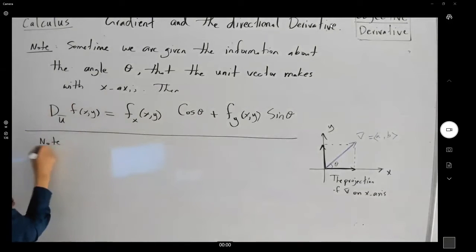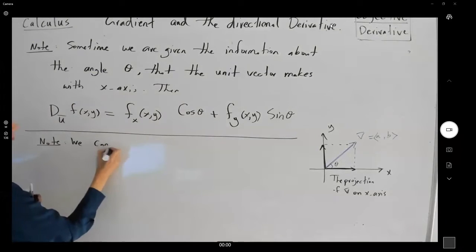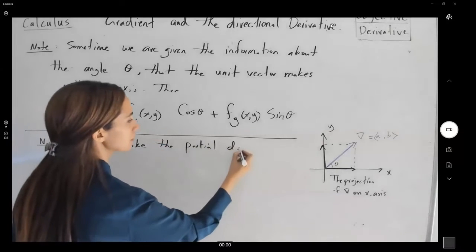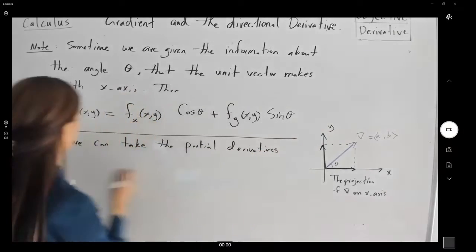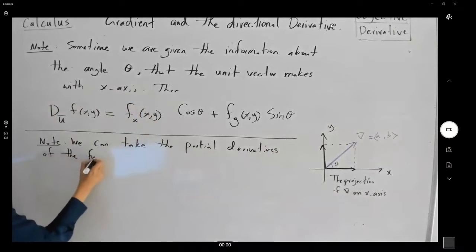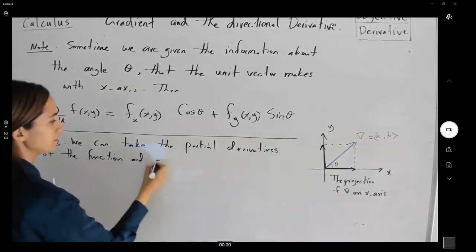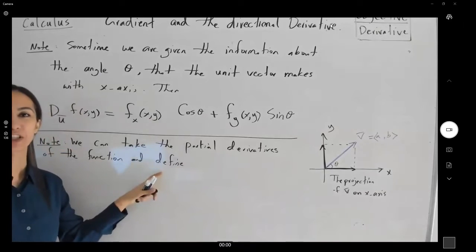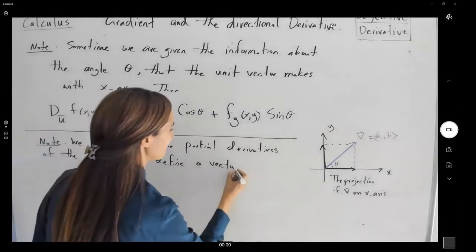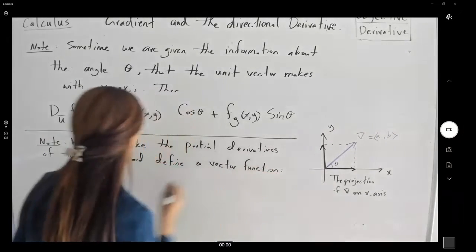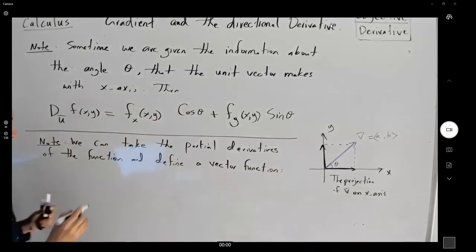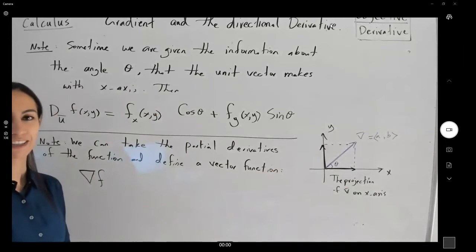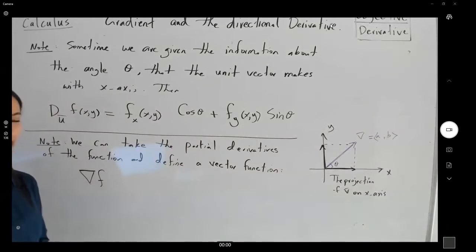Another note, we can take the partial derivatives of the function and define, let's get back to elementary calculus and define a vector function which is denoted by delta upside down f or nabla f that we call the gradient of the function.